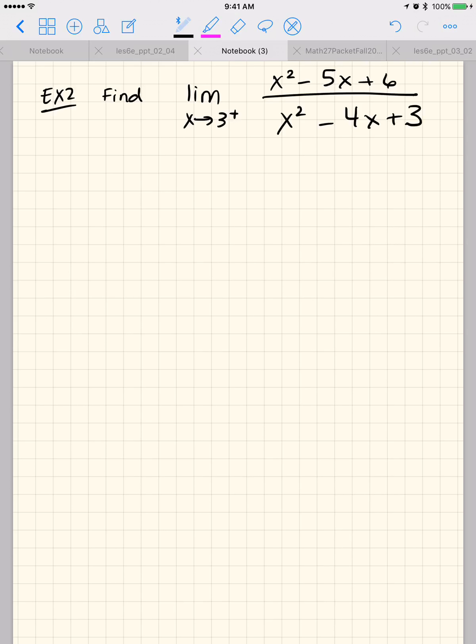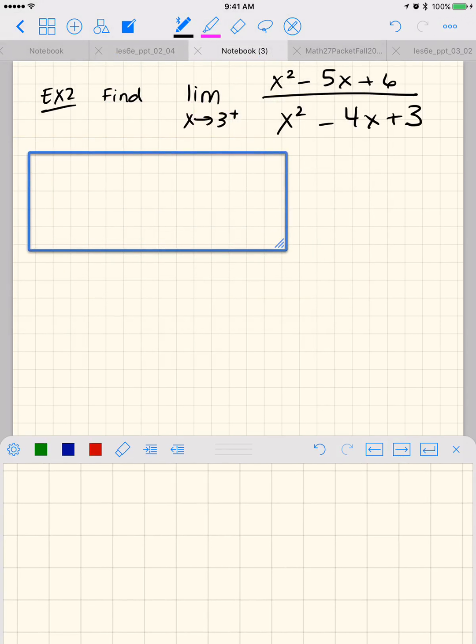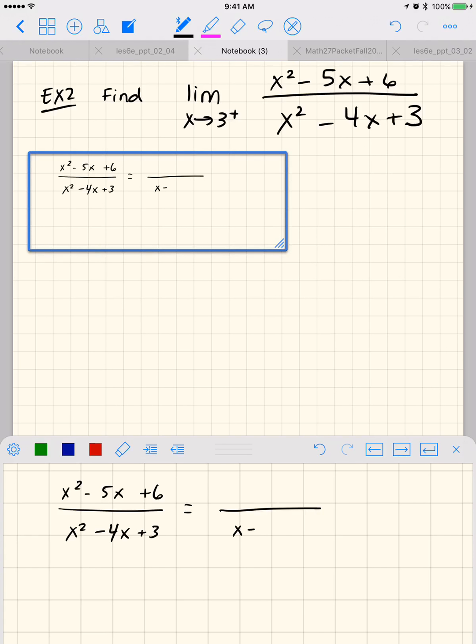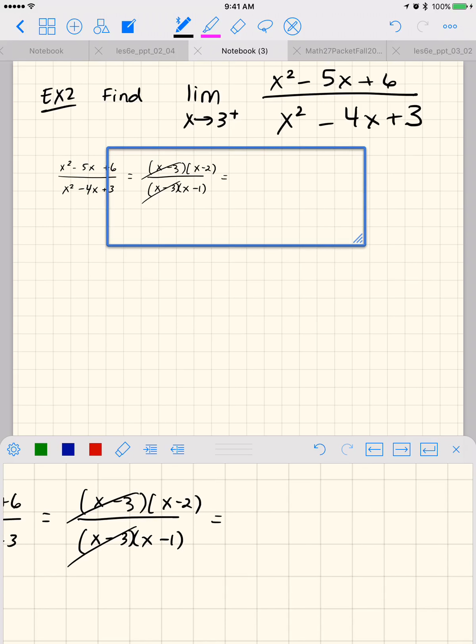Okay, so the first thing I'm going to do is factor. x squared minus 5x plus 6 divided by x squared minus 4x plus 3 is the same thing as, on the denominator, (x minus 3)(x minus 1), and in the numerator, (x minus 3)(x minus 2). I notice that my x minus 3 cancel out, and I've actually got x minus 2 over x minus 1.